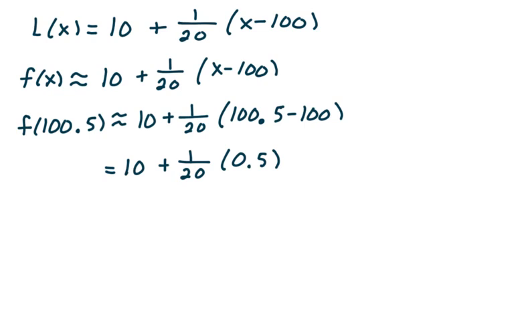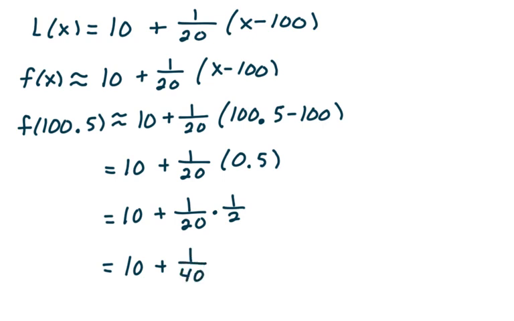Okay? And this is 10 plus 1 over 20 times a half, which is 10 plus 1 over 40. And so this can be written as 401 divided by 40.